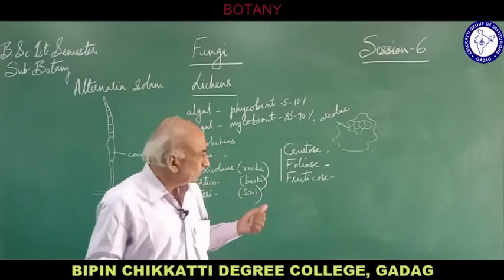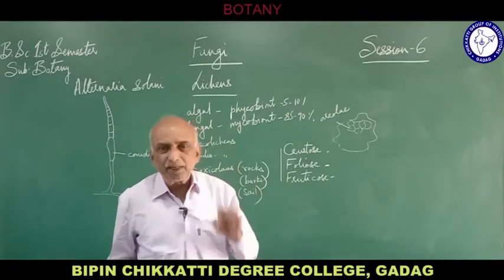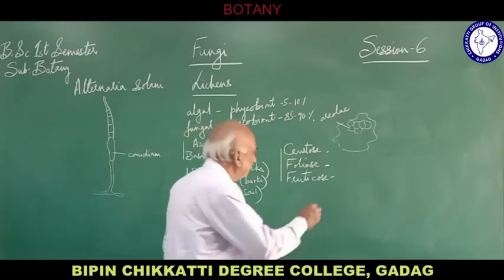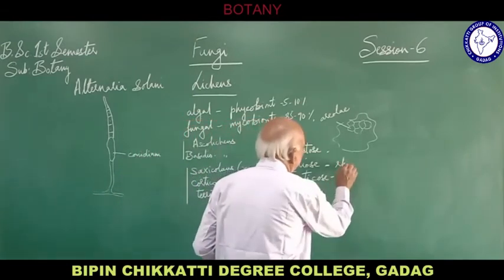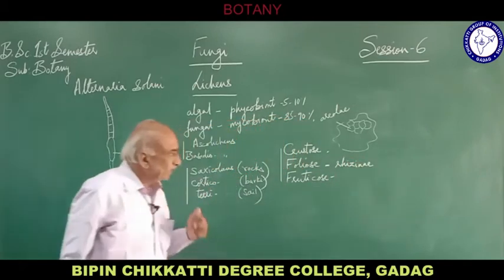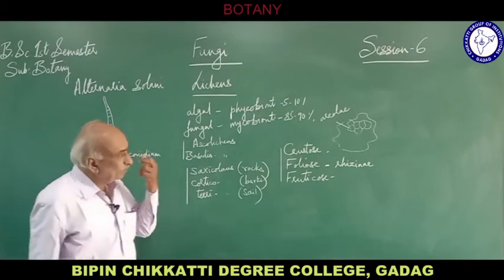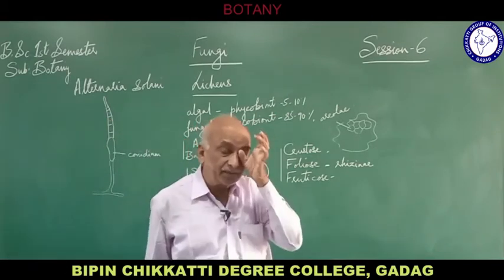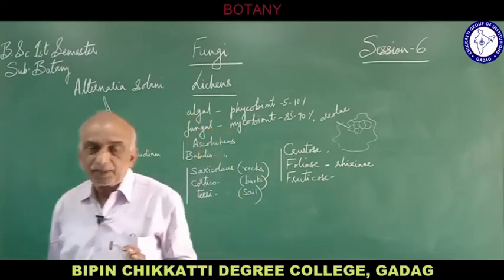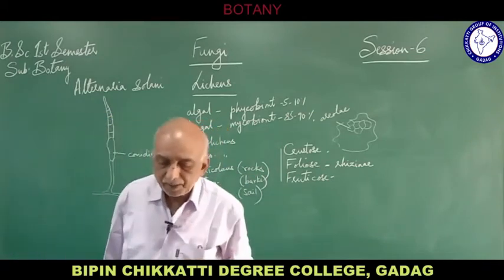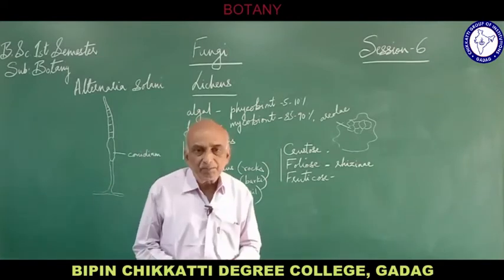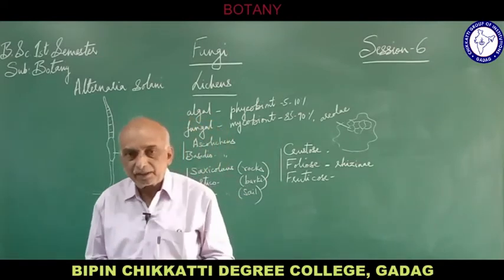These lichens have root-like or rhizoid-like structures by which they attach to the substratum. They are called rhizinae. The presence of rhizinae is the characteristic feature of these lichens. Now in crustose, the hexagonal areas are called areolae, by which we can identify the crustose lichens.